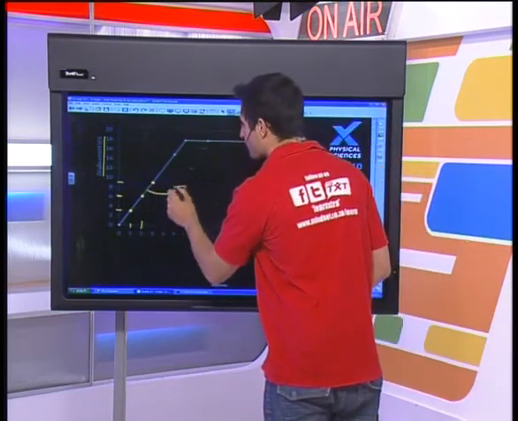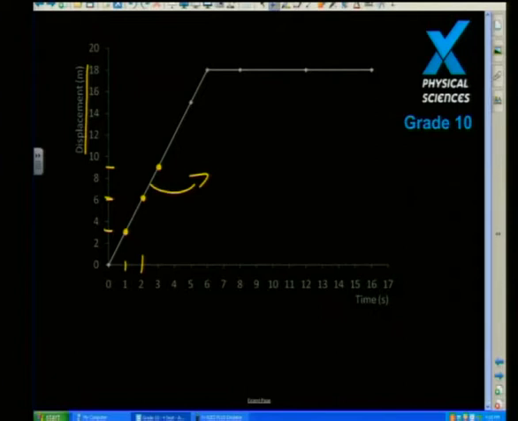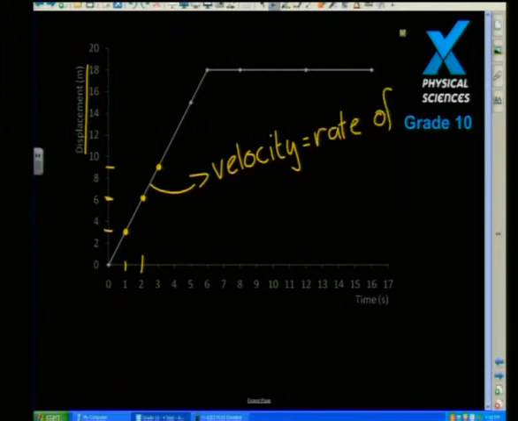From the slope of this graph, in other words, how fast it's going up, I can actually tell my velocity. So my velocity over here was 3 meters per second. My velocity is equal to how much my displacement changed, so it's my rate of change of displacement.